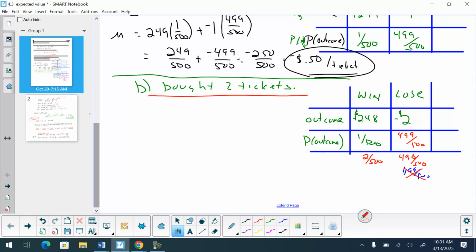It depends on how you look at it and your perspective to it. So your scenarios would be 248 times 1 out of 500 plus a negative 2 out of 499 out of 500.